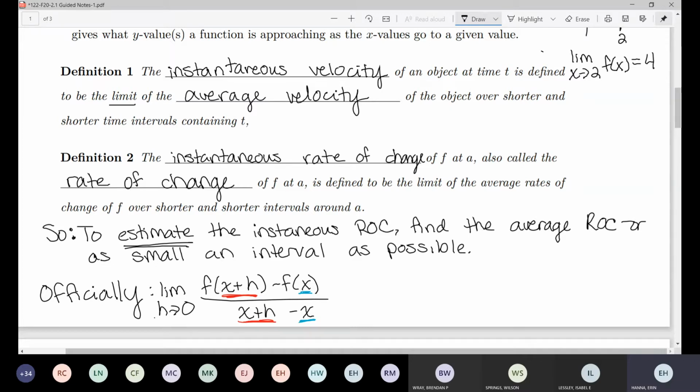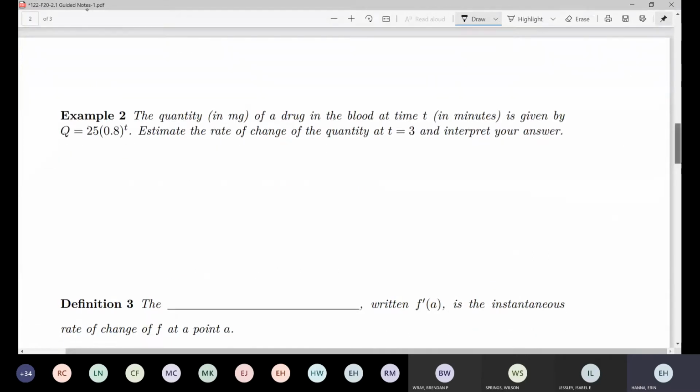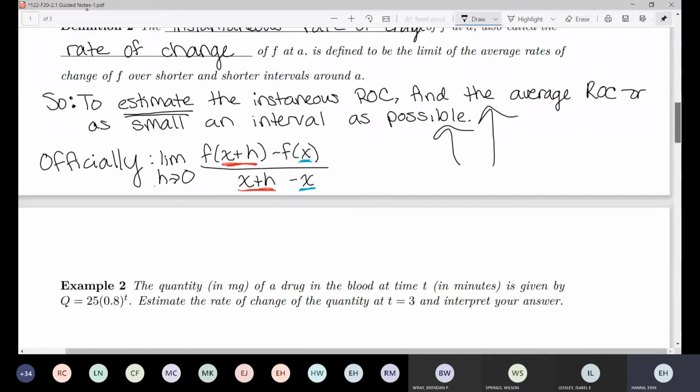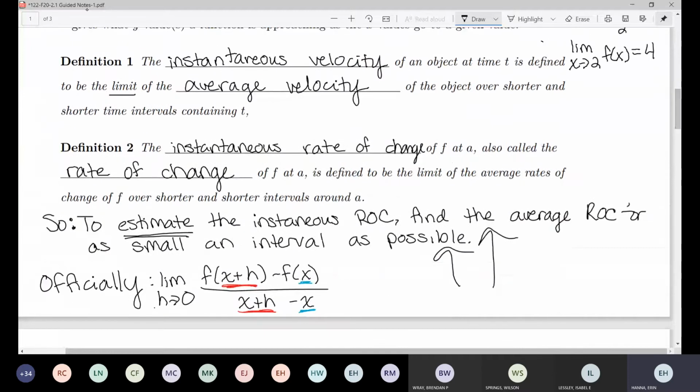So that's the official definition, if you want to know it. If you don't, that's fine. But this idea of taking the average rate of change, and my f didn't write correctly, average rate of change, f.